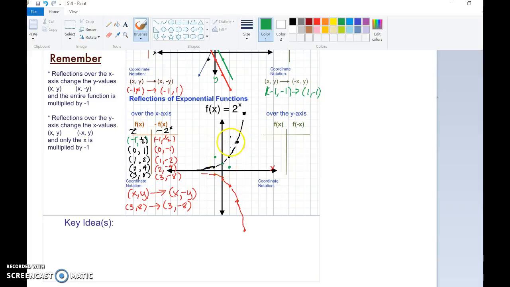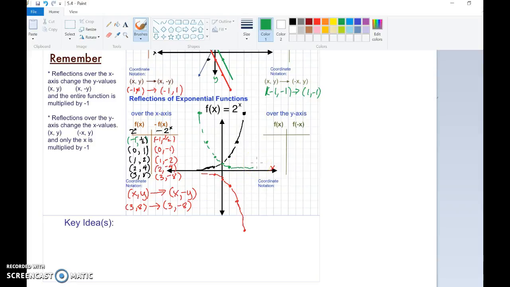This one, 1, 2, 1, 2. And this one, 1, 2, 3, 1, 2, 3. See it? And you can see that it's just kind of flipping over. It's like we took this paper and folded it along the axis, right? And we get a mirror image.